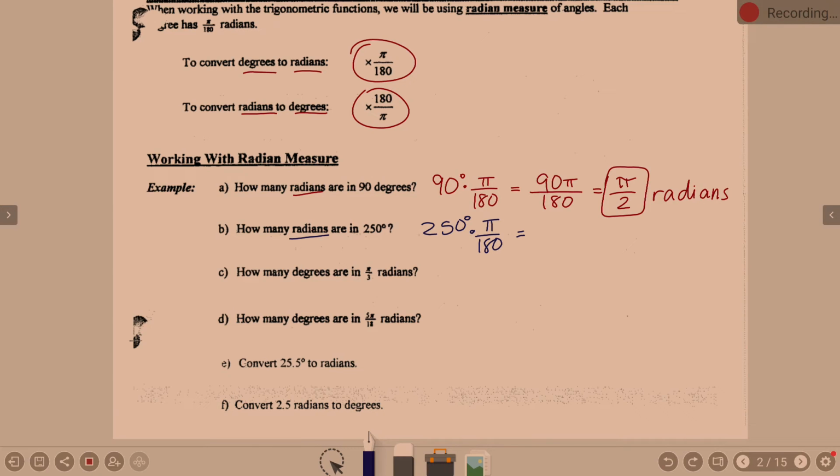Now, my brain says if I have 250 on top and 180 on bottom, what do I know I can do right off the bat? 250 over 180, 25, because the zeros can cancel, yes? Okay, when you have numbers ending in zeros, they're multiples of 10. You can cancel equal zeros. So then I end up with 25 pi over 18.